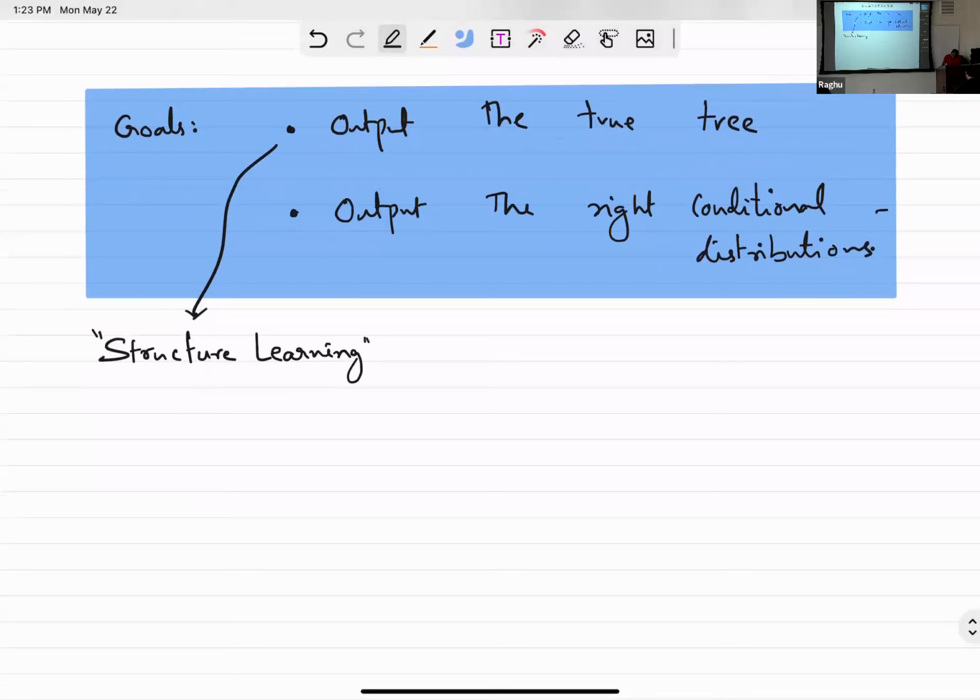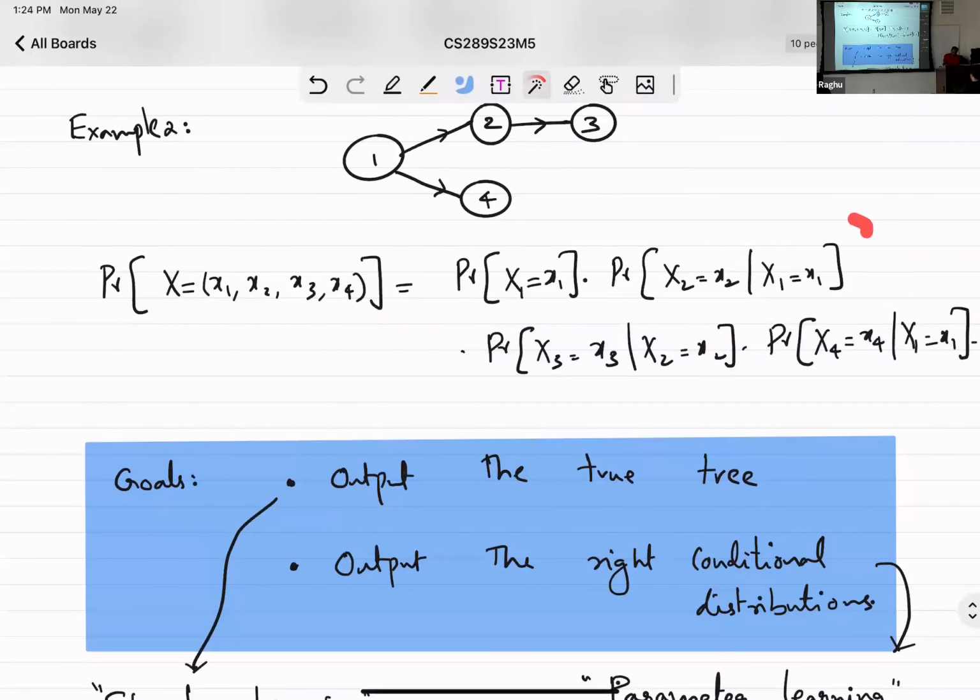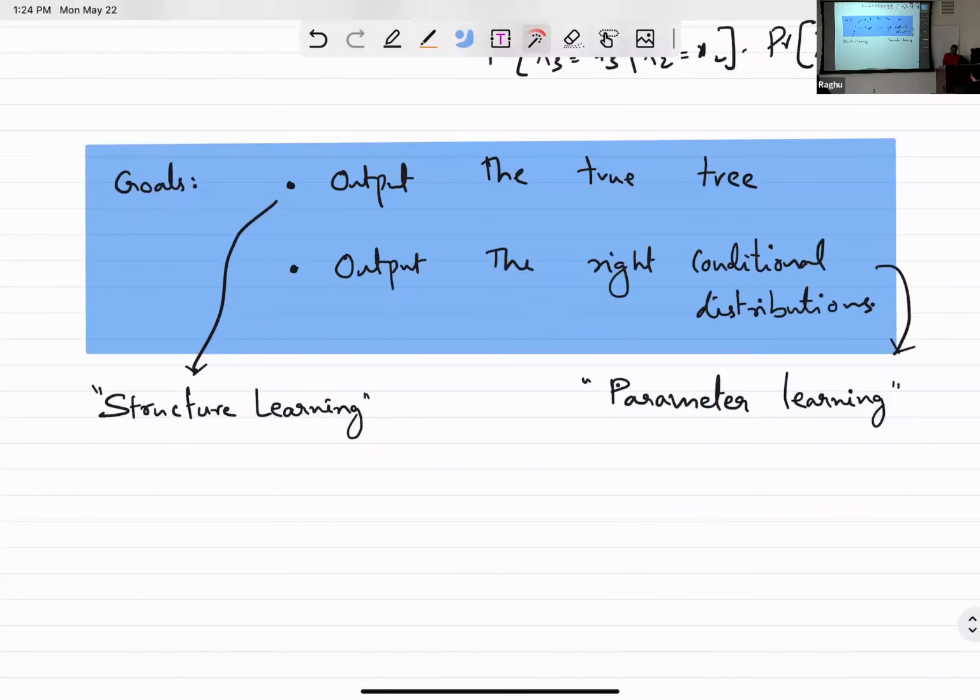And the second goal is called parameter learning, meaning I want to even learn an approximation for each of these conditional distributions. And whatever model I have, I want to even know what are the parameters which define it.